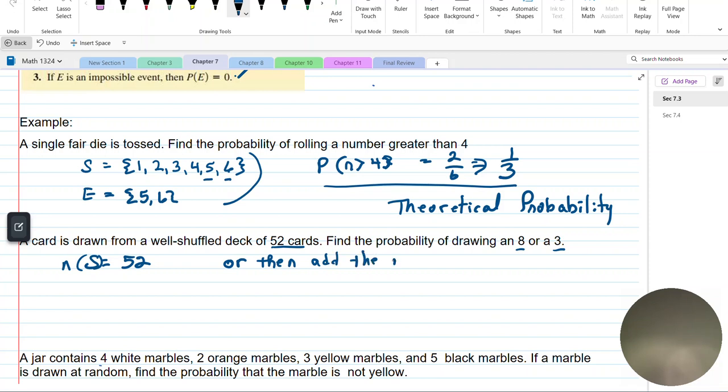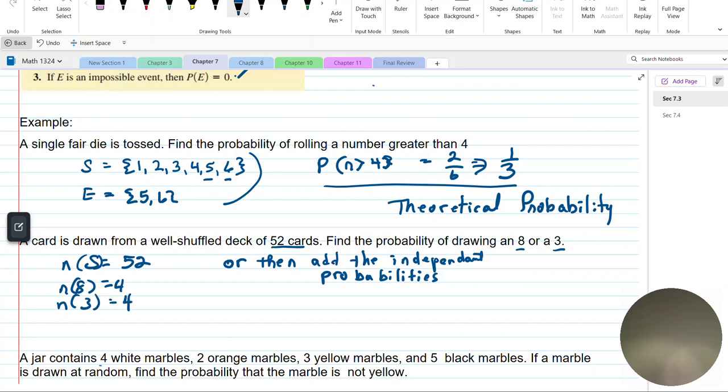And these are independent. So we're going to write it. We want the cardinality of 8, which is 4 in the deck, and the cardinality of a 3, which is 4 in the deck.